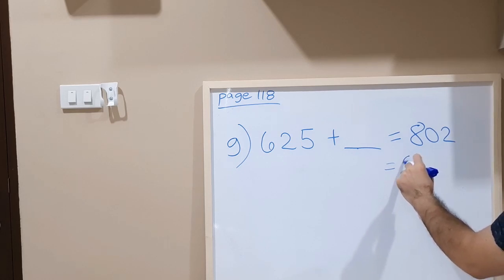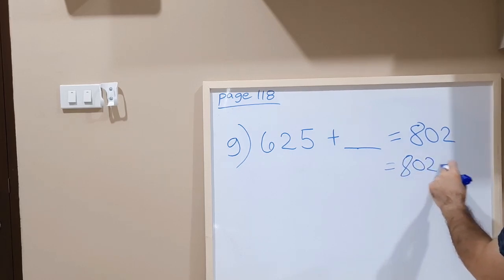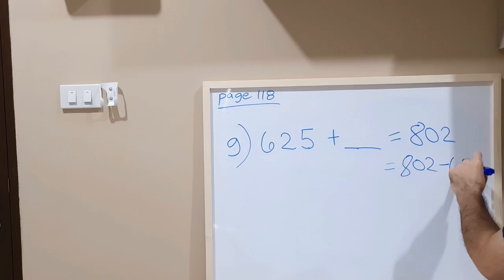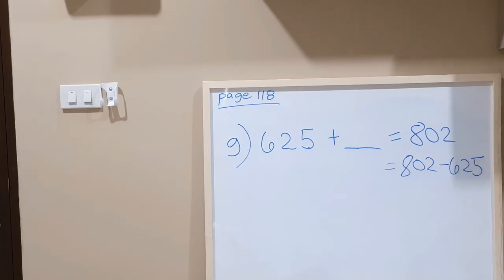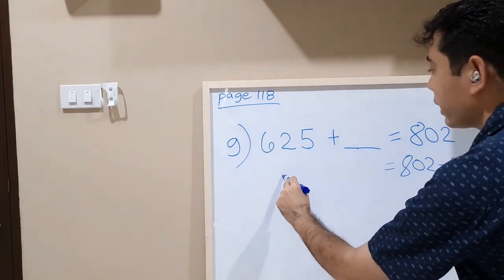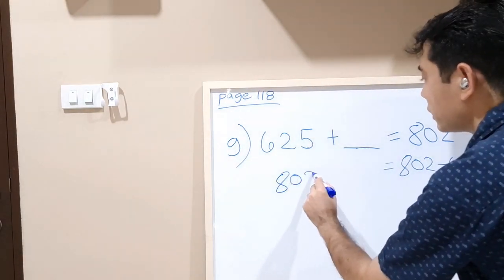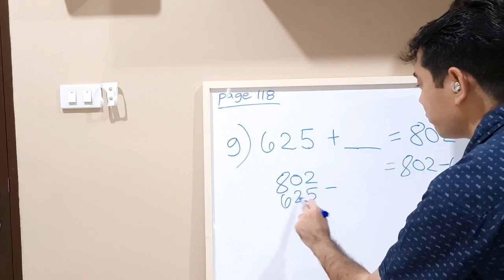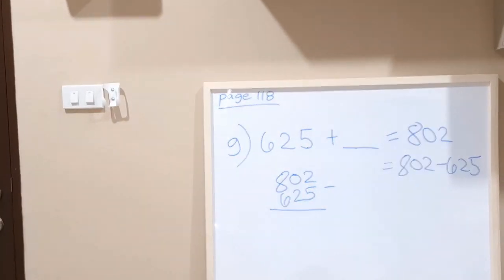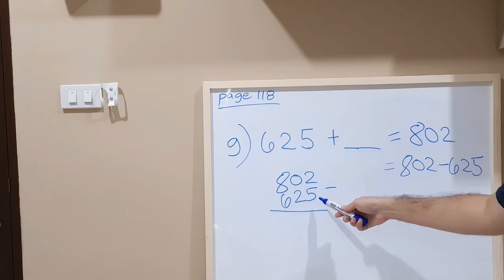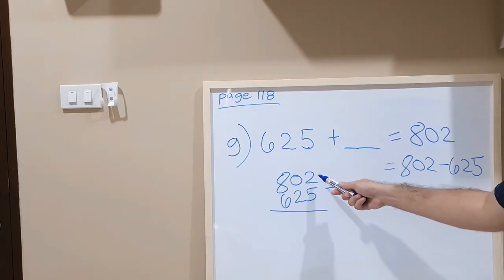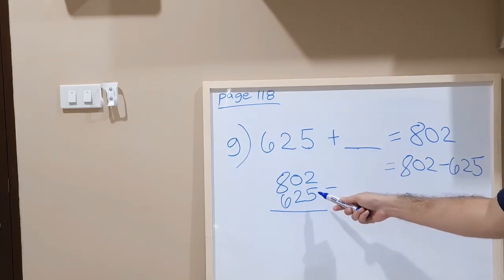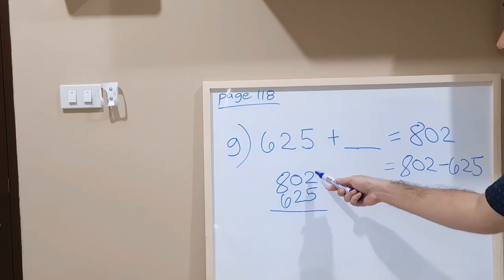So we can write 802 minus 625. And let's subtract. We write the big number first, 802 minus 625. Now, 2 take away 5 cannot be. 2 is smaller than 5, so we need to make 2 bigger.